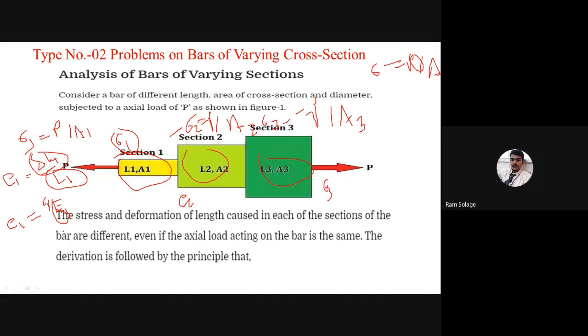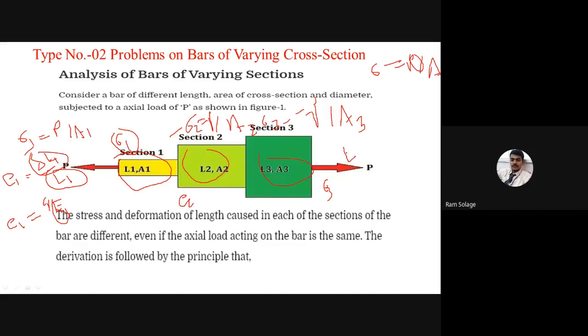Keep in mind, E is the Young modulus of elasticity. It is the property of the material. It depends upon which type of material we are taking. Sometimes in a problem they are giving all sections having the same material. Suppose a problem mentions that all sections have the same material.